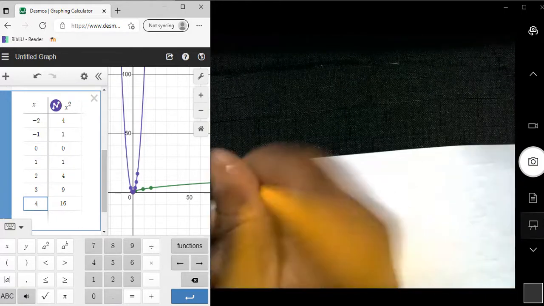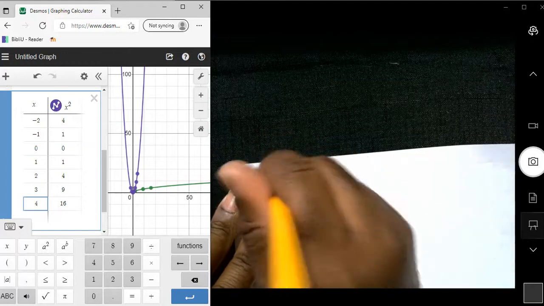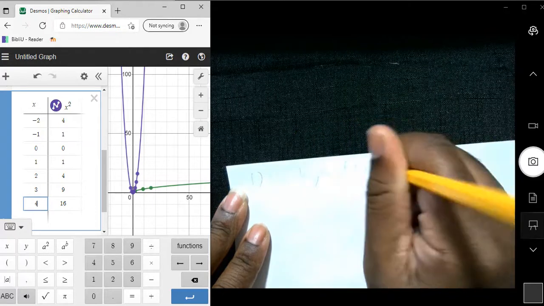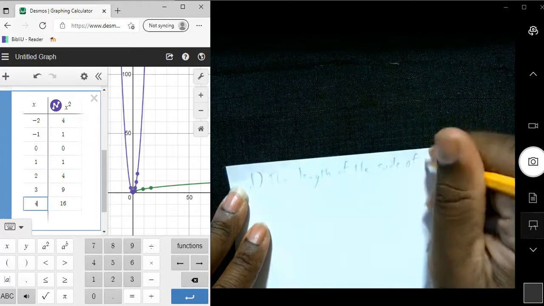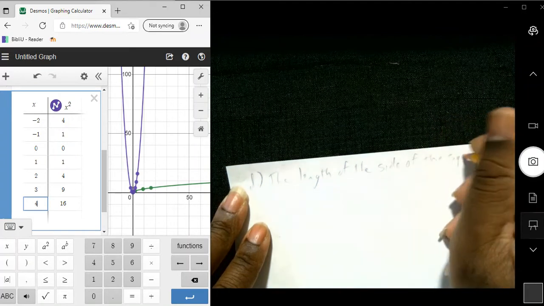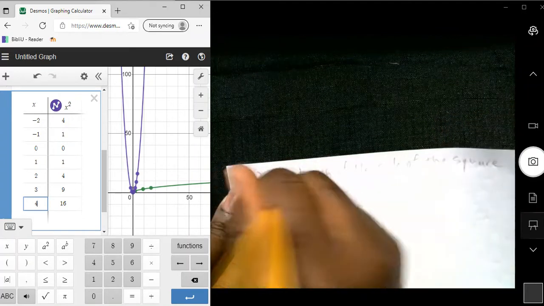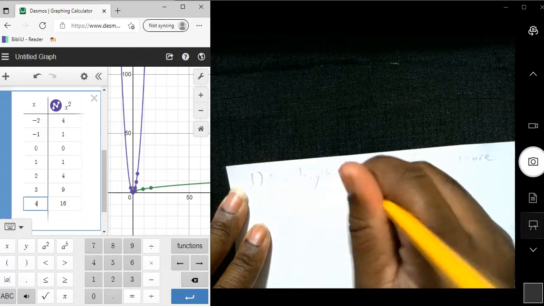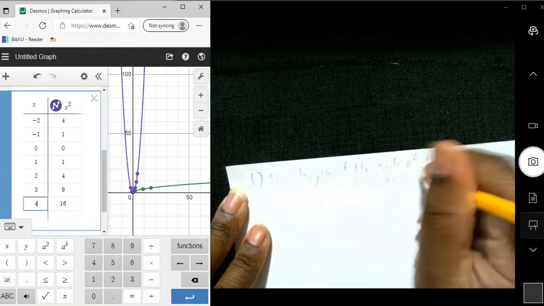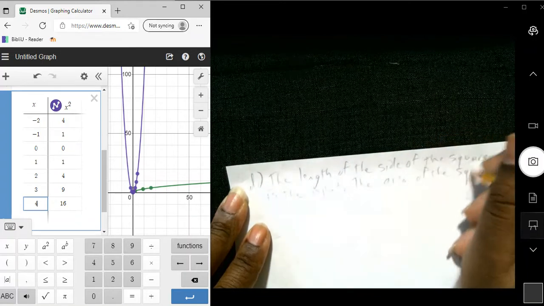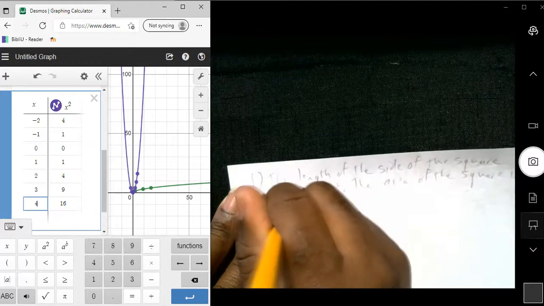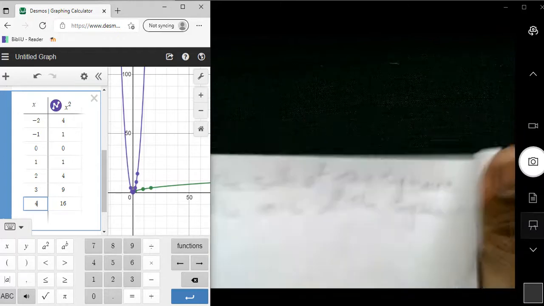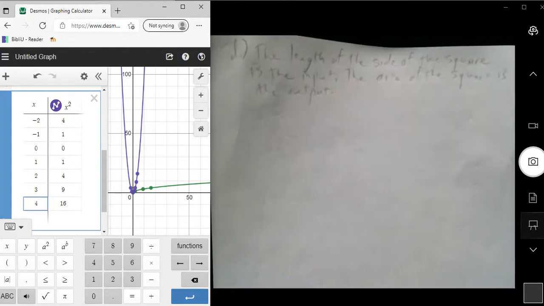So for D, the length of the side of the square is the input, and then the area of the square is the output. Sorry about that. I guess this paper is starting to curl up.